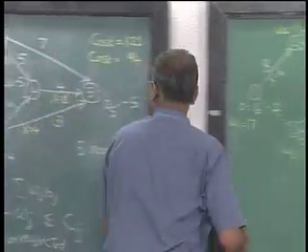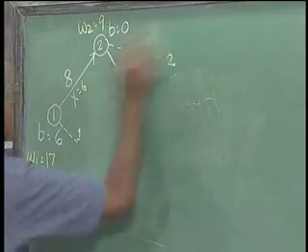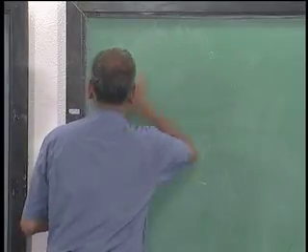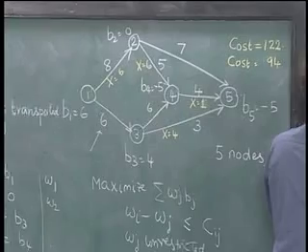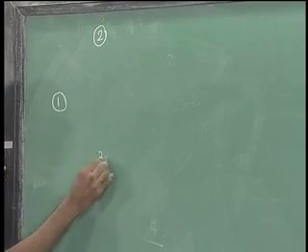Now, we check whether this particular allocation is optimal, and we do that by once again computing the W values.